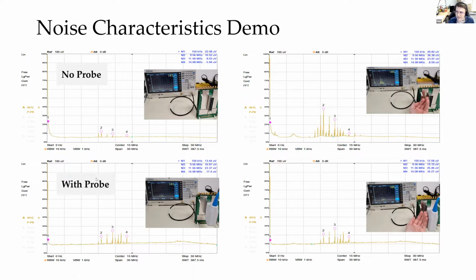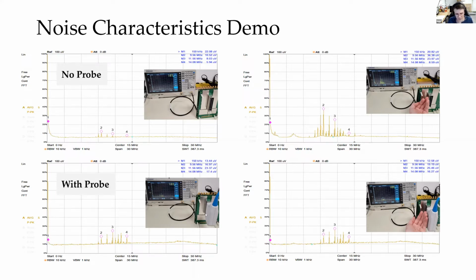Now, as soon as we connect the probe, we're shielding off our open-ended QLC connector, and it is no longer affected by the presence of my hand. As you can see, there's little difference between the bottom left graph and the bottom right graph, despite the presence of my hand close by. There may be small hints of this lower frequency noise spike here, but that's quite negligible.